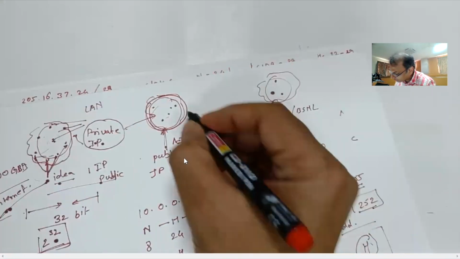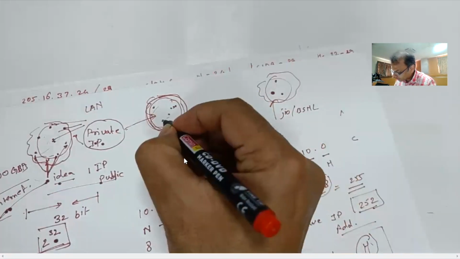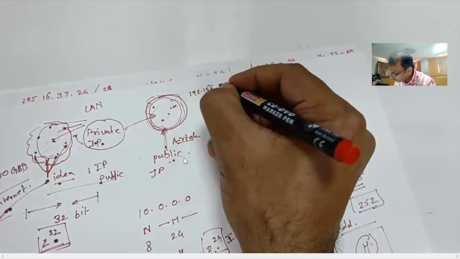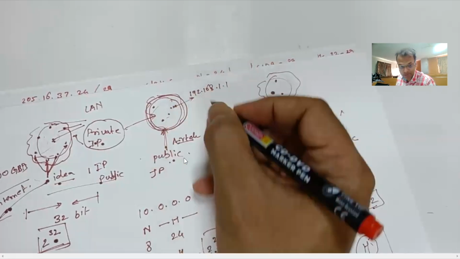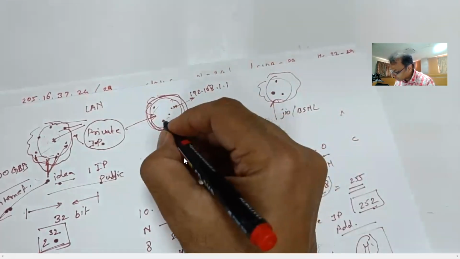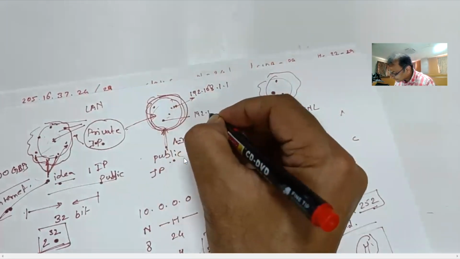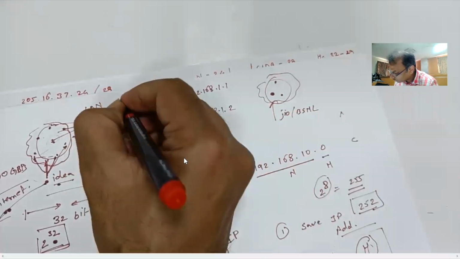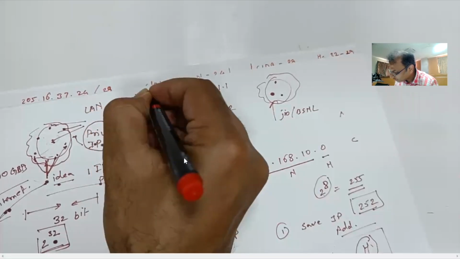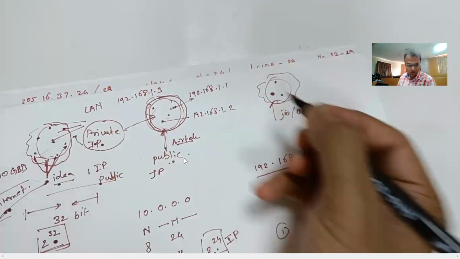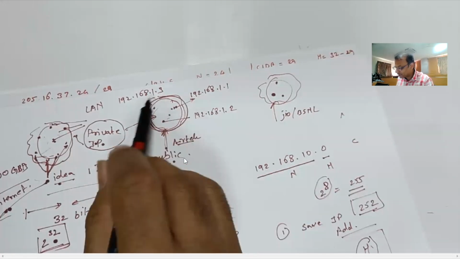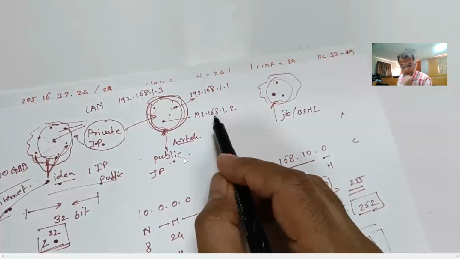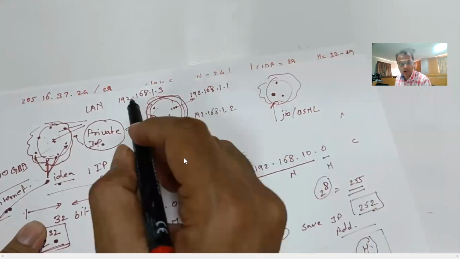Let us say I'm using a private network with 192.168.1.1 as an IP for this one. For the second one, 192.168.1.2, the next IP. For this one, 192.168.1.3. So these three machines are given these three addresses. Now, these three IP addresses are from which network?